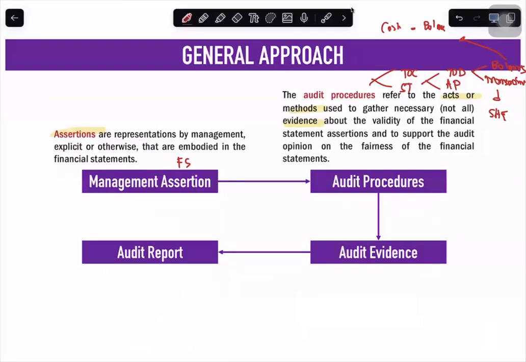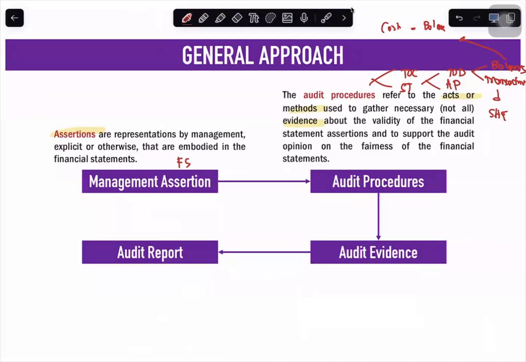So pag voluminous yung transaction, normally we test just the balance, the ending balance, whether the balance is correct or not based on our materiality threshold. And then for our transactions, kung kakaunti yung transactions, then you can test all the transactions. Example dyan, property, plant, and equipment, yung mga non-recurring. So pag recurring yung transaction, AR, sales, cash, mga ganon, we use test of details of balances.